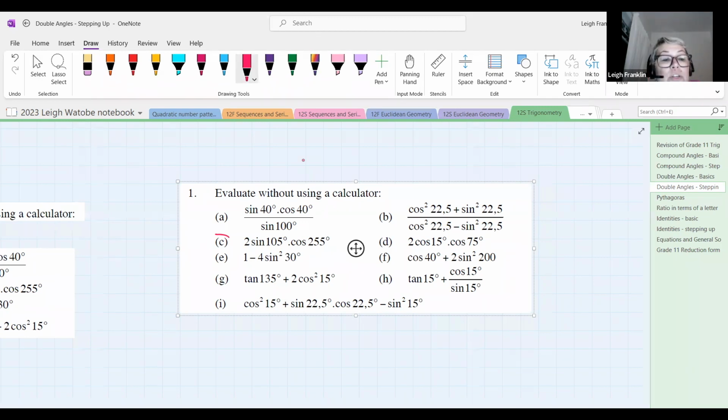So I would suggest you try question C, which is a nice question to do. Question F is a nice one to do. Question H is a nice one to do. And then I would also try question I. That would be a little bit more difficult.